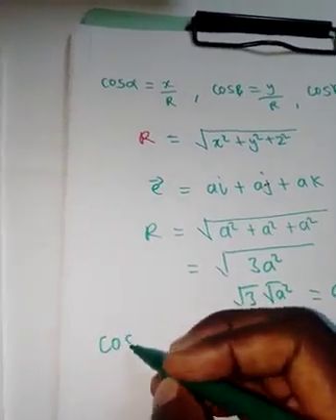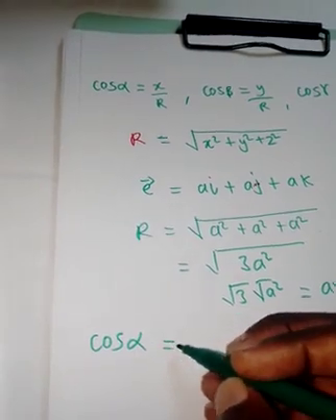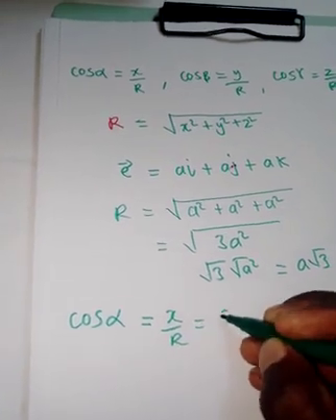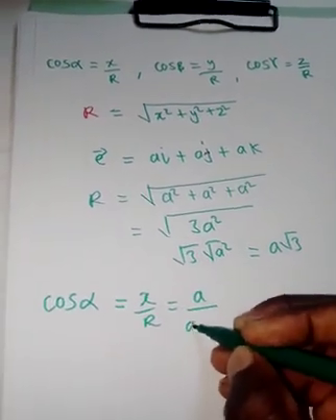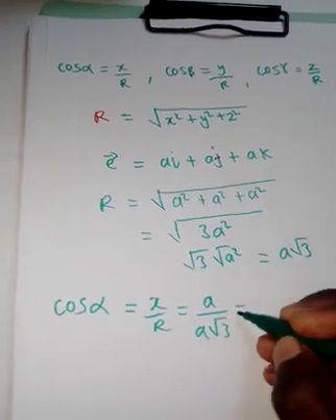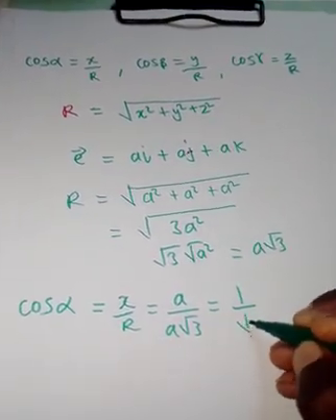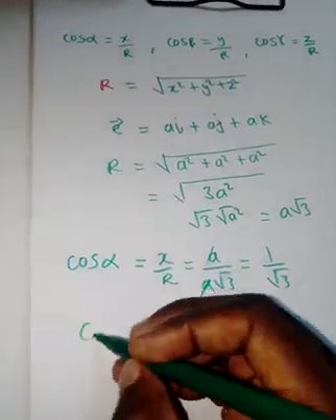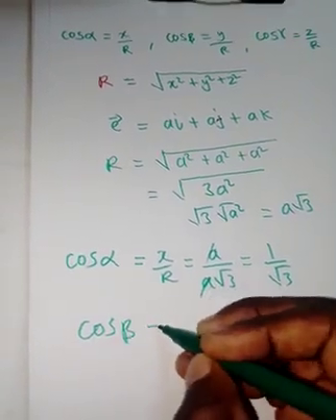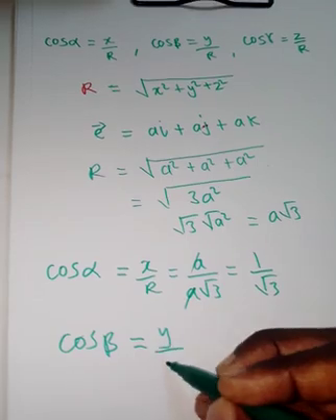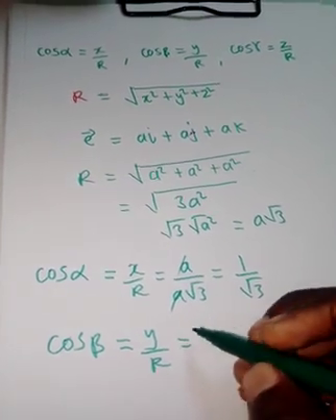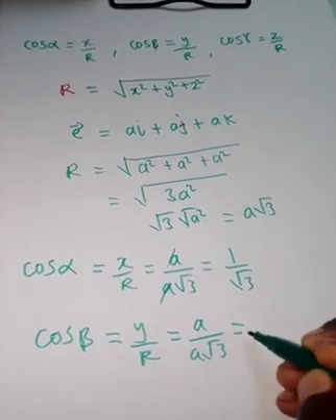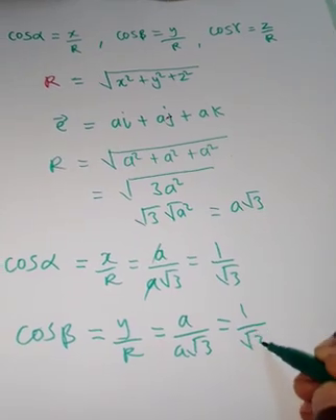Therefore, cos alpha will be equal to x over r, then for x we have a, over r, which is a root 3. This will be 1 over root 3 when you simplify. Same applies. Cos beta will be equal to y over r, a over a root 3, giving us 1 over root 3.